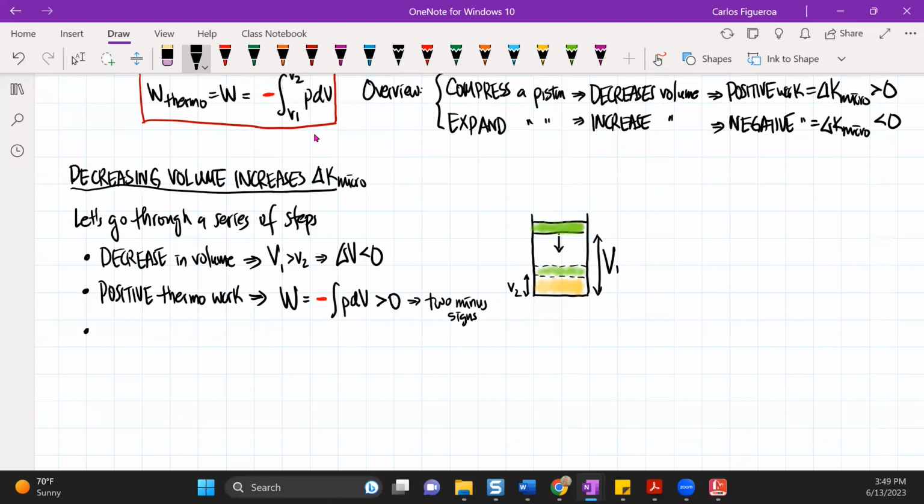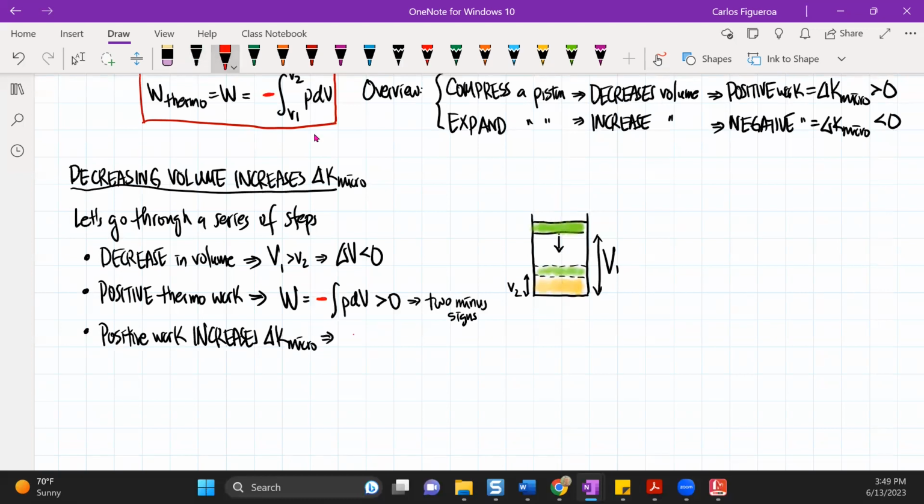So now if I have positive work, we know that positive work increases K micro. The gas particles go faster.